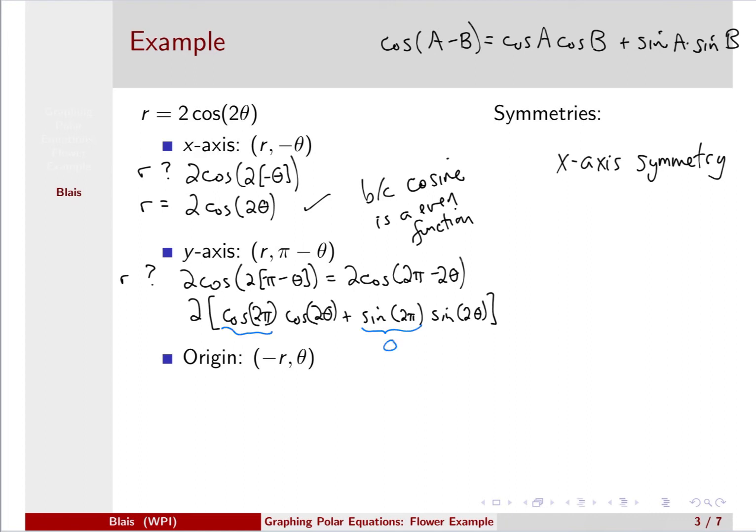Cosine of 2 pi is 1. And so this will be 2 times cosine 2 theta. And that, with r playing the role of r, they are equal. And so we do also get y-axis symmetry.